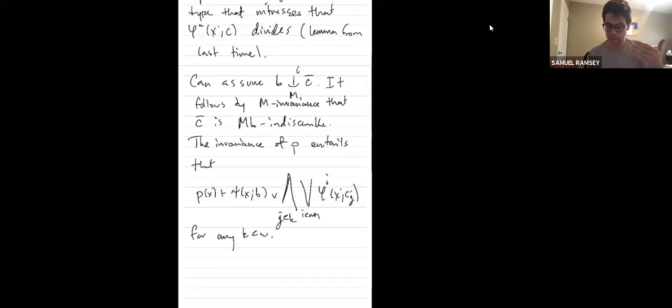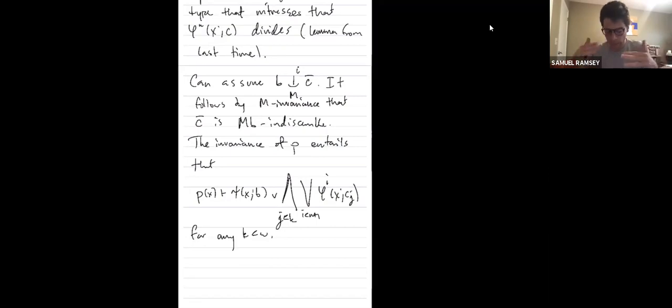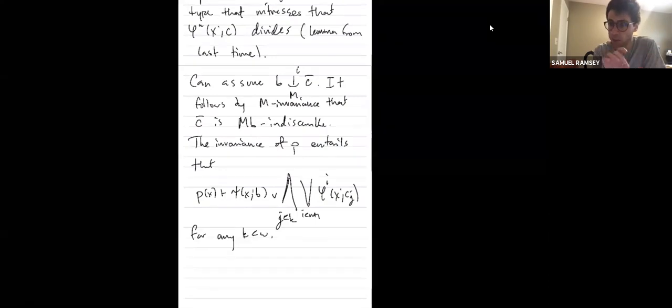Well, what happens if I just look at J equals 0? Then what do I know? That realizes the same type as BC. So I know that BC0 has the same type as BC. So P of X implies C X B, or the disjunction of the phi i's with C0.